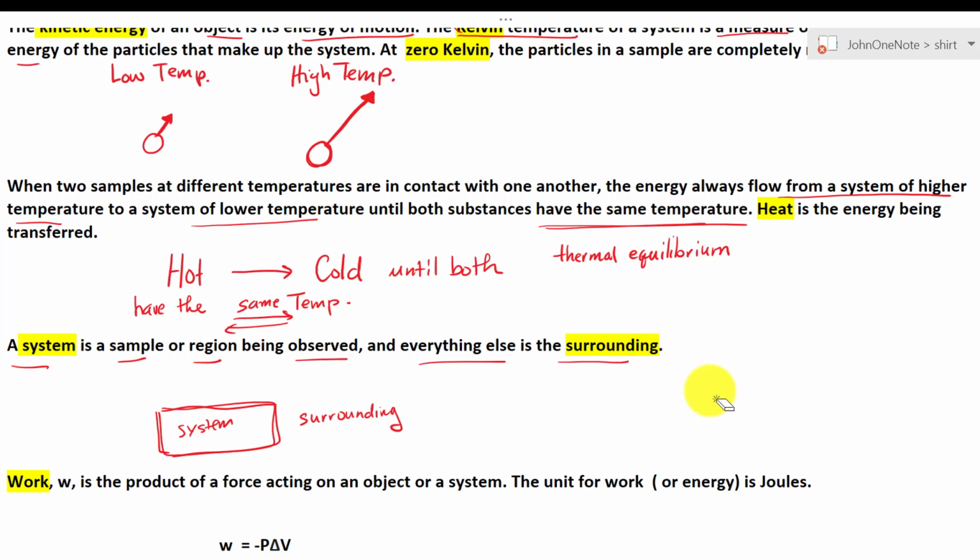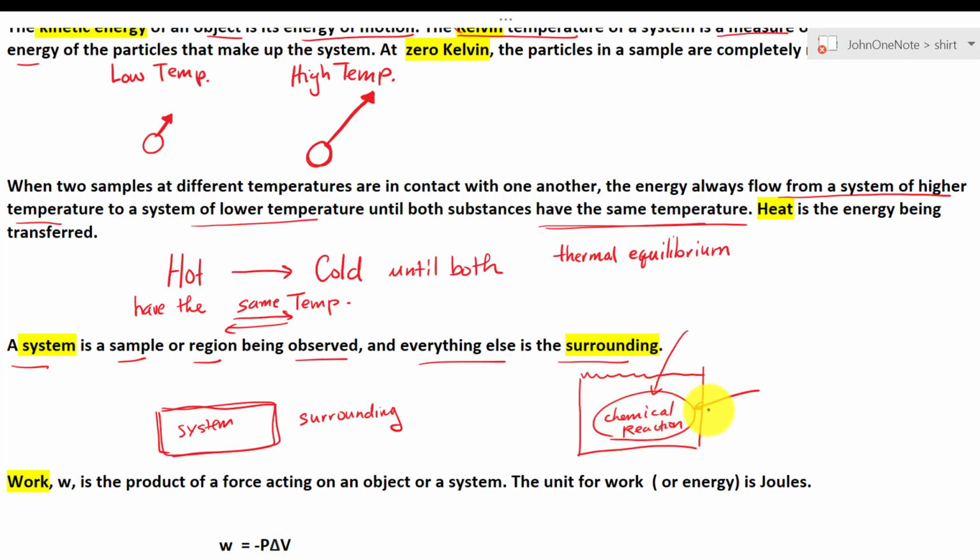Now let's look at the terms system and surrounding in terms of chemical reaction. First of all, this becomes more complicated. If we have a beaker, and this would be our water, and we add something to the water, we have a chemical reaction in this water.